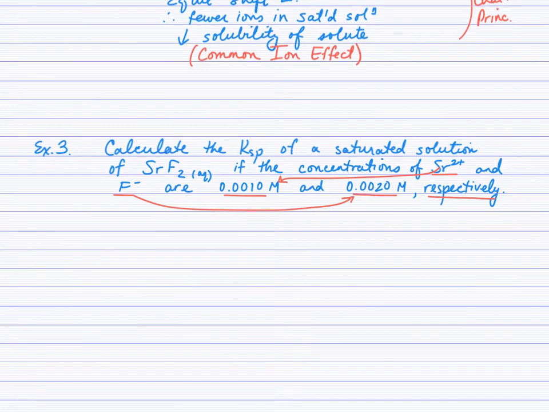So build an ice table after writing your equation, substitute what you know, and calculate KSP. The concentrations of the strontium and fluoride ions that are provided are the concentrations in the saturated solution.